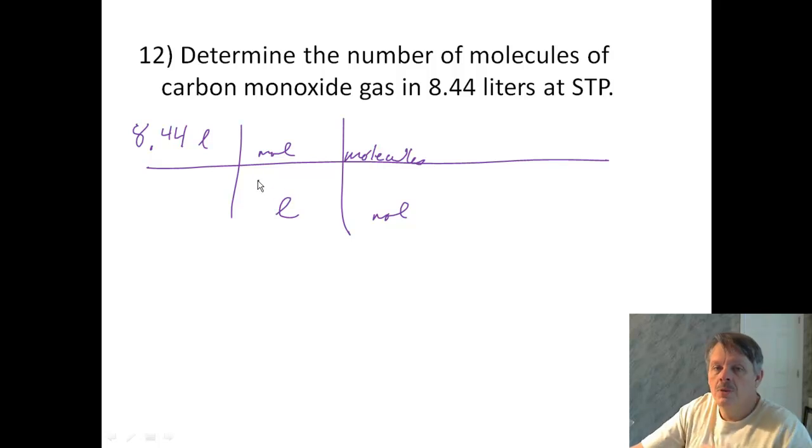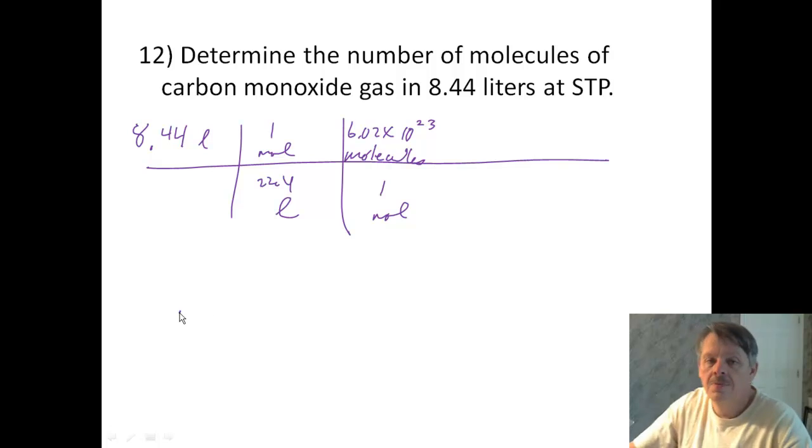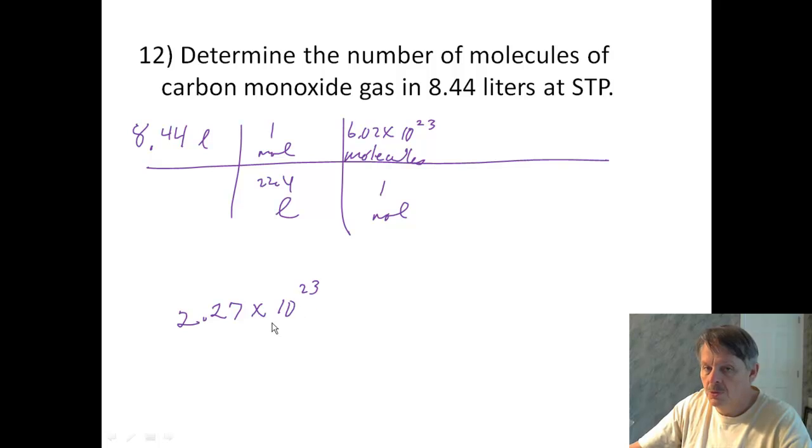We know that there are 22.4 liters in 1 mole, and 1 mole is 6.02 times 10 to the 23rd molecules. So when I do the math here, I'm going to come up with 2.27 times 10 to the 23rd molecules. And this is carbon monoxide.